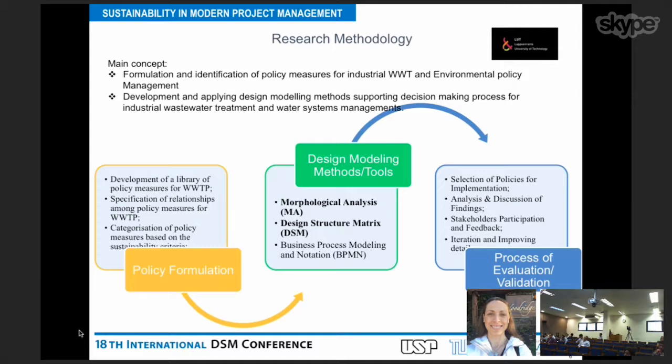For these measures, we need to specify the relationships among them, always taking into consideration the criteria that need to be met for sustainable development. And we do the categorization of these measures based on the sustainability criteria.